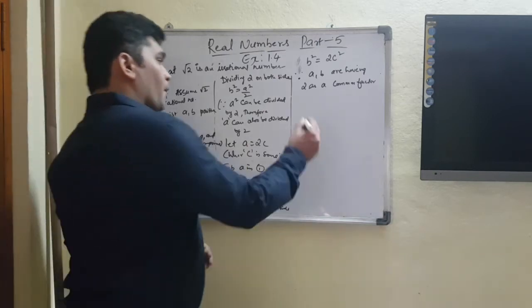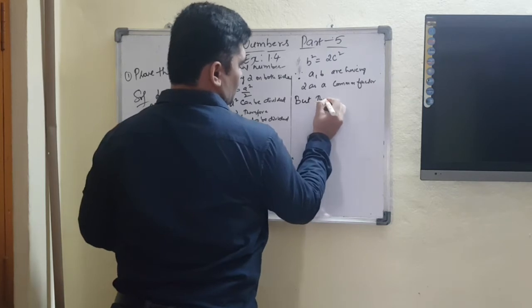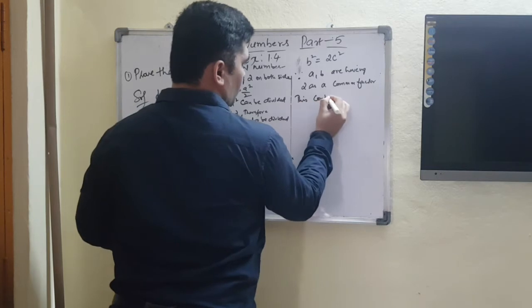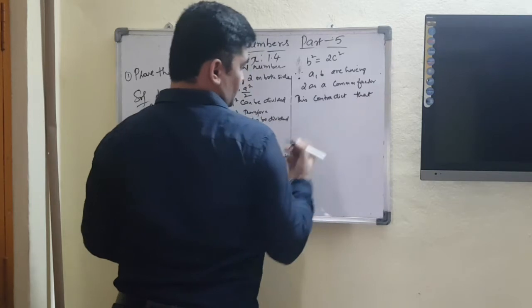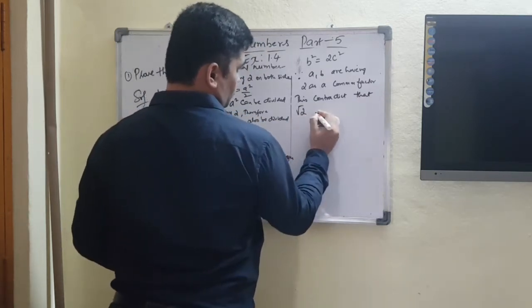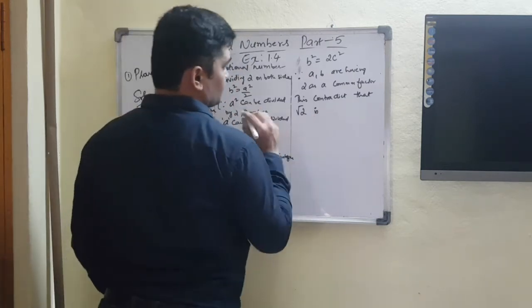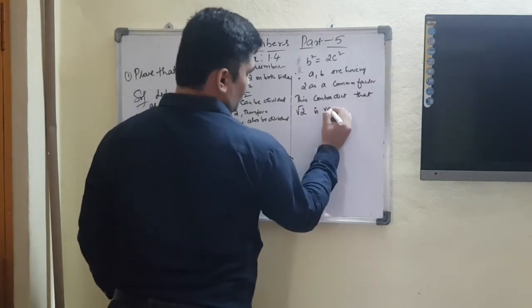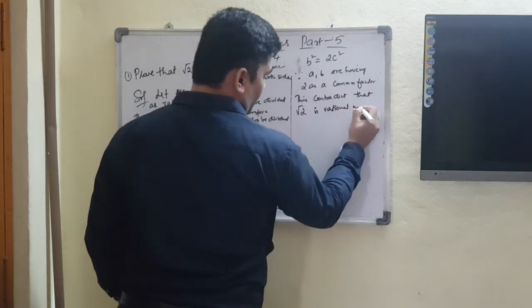It means, or simply you can write, this contradicts that root 2 is a rational number.